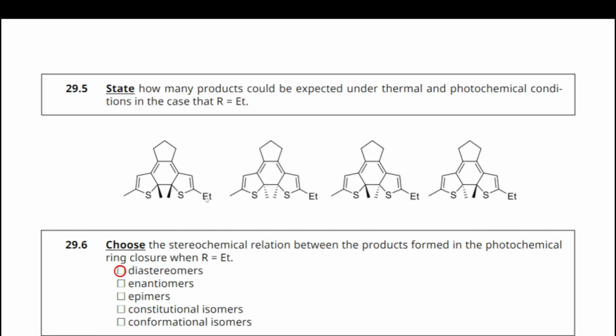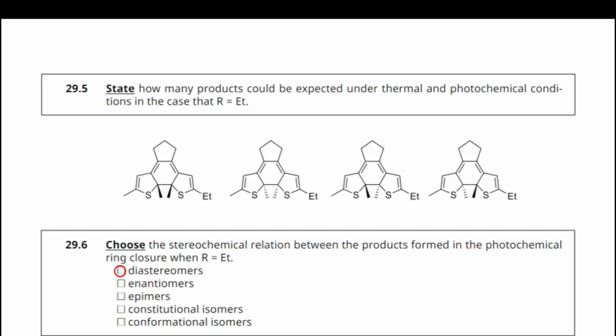If we had a methyl group here and here, then due to the symmetry of the molecule, some of them would be all the same. But because we have a methyl group on the left and an ethyl group on the right, the first and the second are not the same. And overall, we can have 4 classical isomers, a pair of diastereomers, a pair of enantiomers.